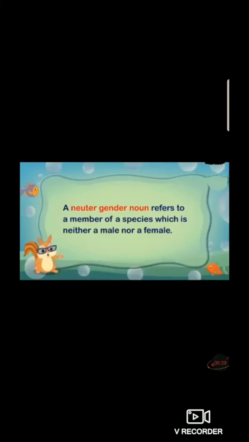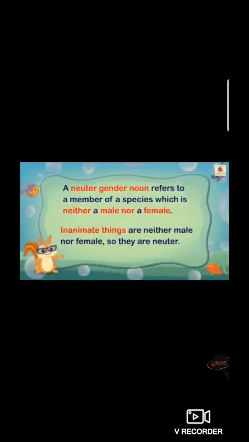Students, again I am saying the definition of neuter gender. A neuter gender noun refers to a member of a species which is neither a male nor a female.